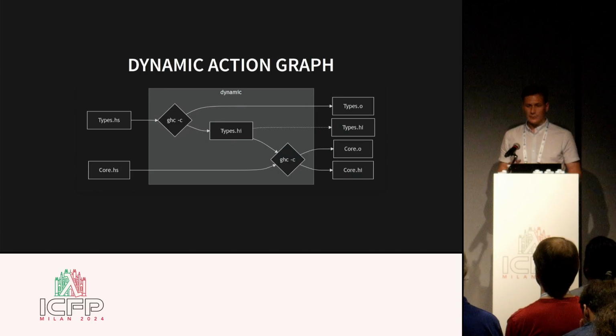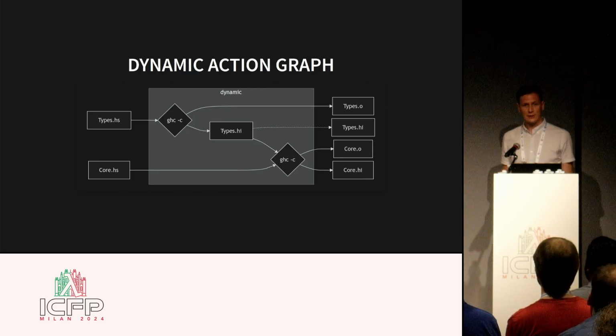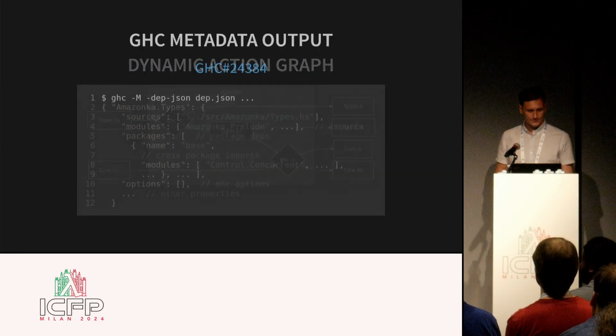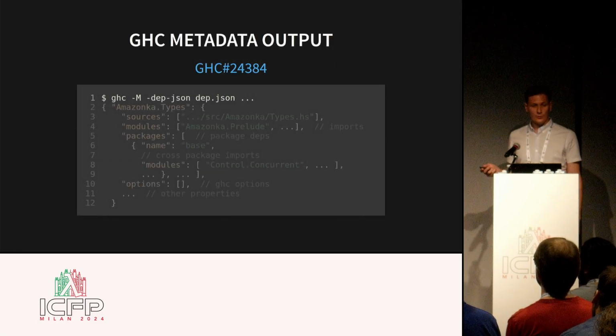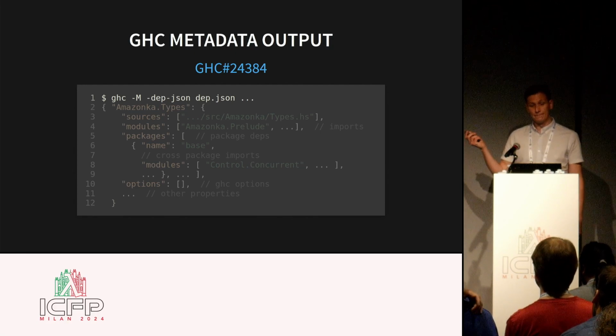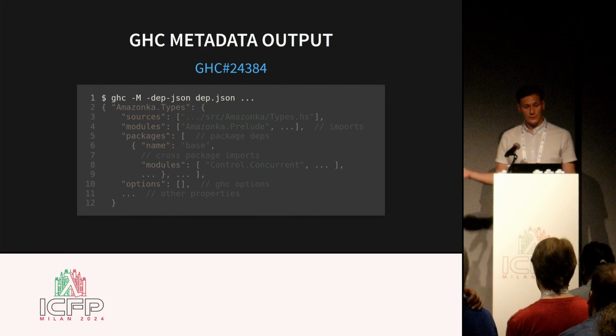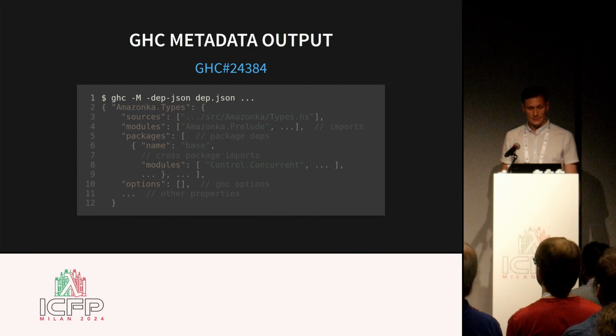In this build rule, we can dynamically, at build time, generate fine-grained build actions for the individual modules based on this output. But those are regular build actions, so caching, distribution on remote execution nodes, all these kinds of things are applicable. To better support this, we work on an extension to GHC to produce better JSON-formatted metadata output, dependency graph output.